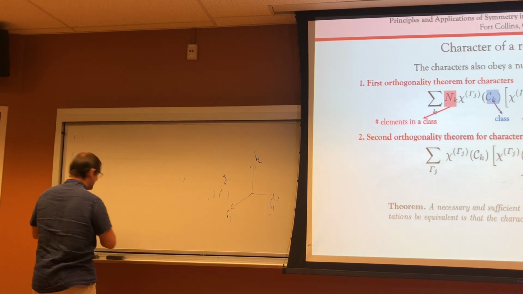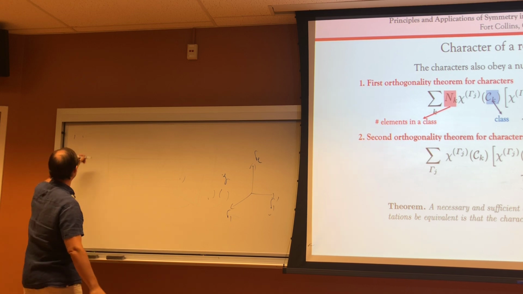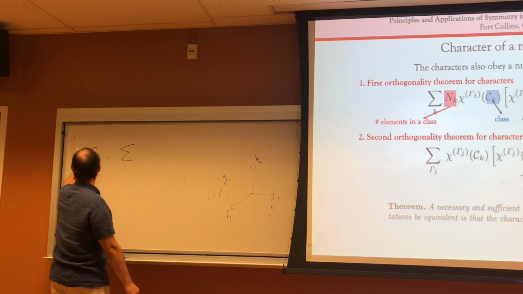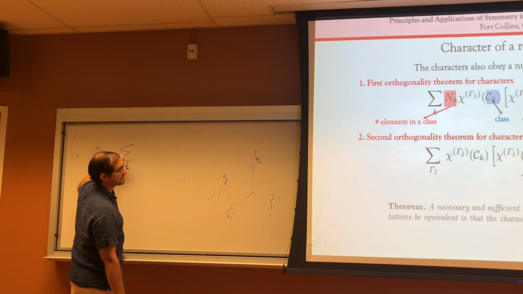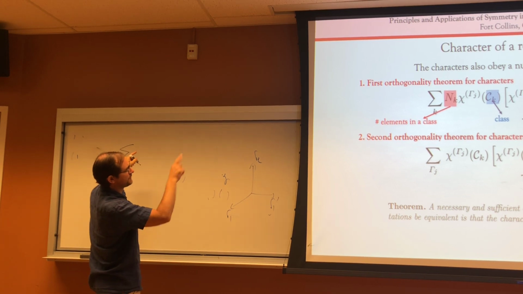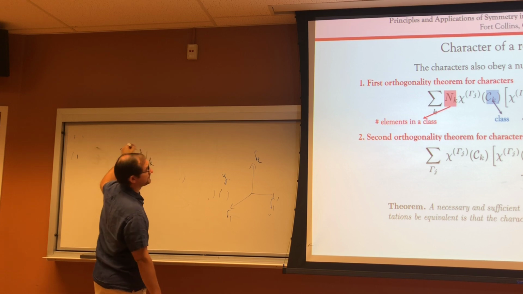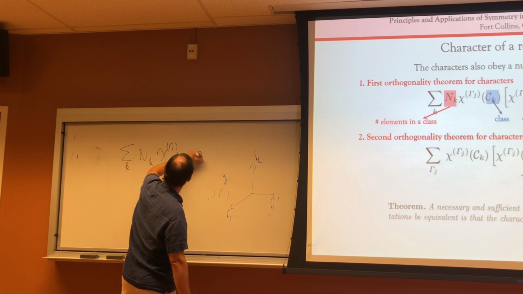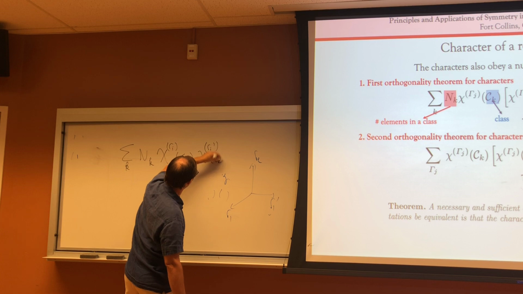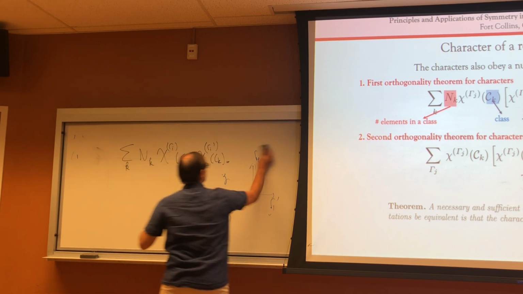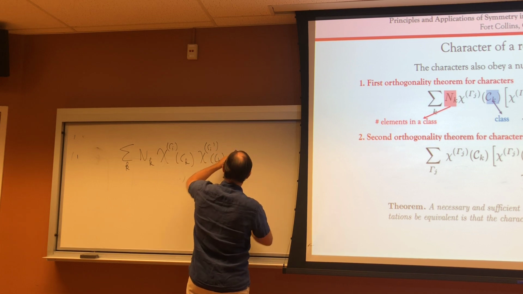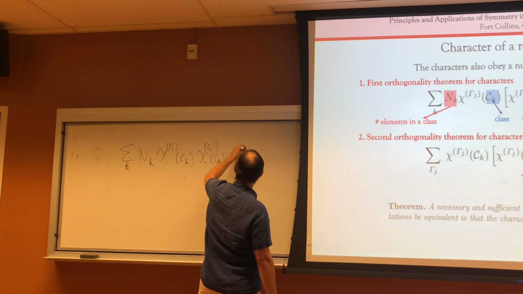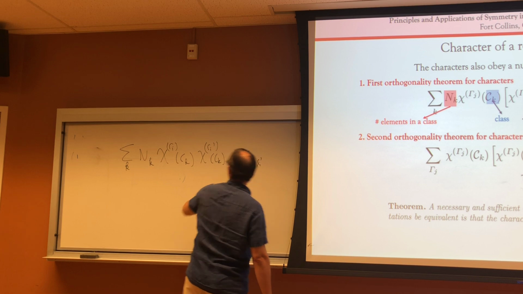So the first formula says that if I take a given transformation, then the sum, sorry, no, it's actually the sum over the different classes of the number of elements in the class, character gamma I, ck, gamma I prime, ck, is equal to the number of transformations, the dimension of your group h, times, of course, the delta function, gamma I gamma I prime.